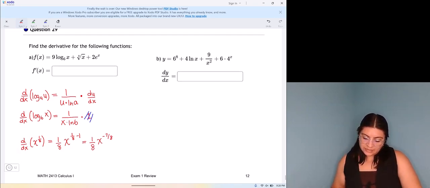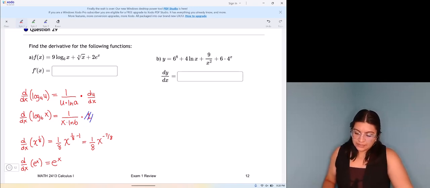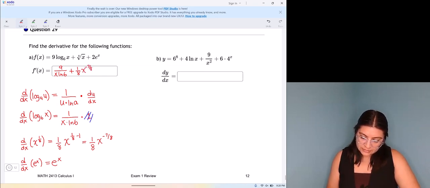And then for the last one, the derivative with respect to x of e to the x, that is just e to the x. So when we put this together, we have 9 over x ln of 6 plus 1 over 8 times x to the negative 7 over 8 plus 2 e to the x.